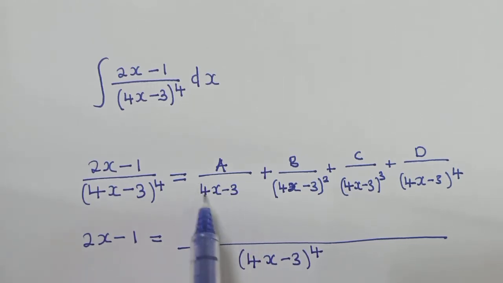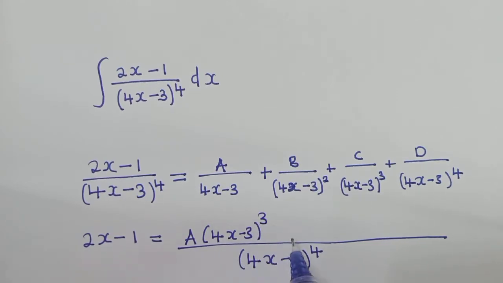Thereafter, you say this stuff into this. It's A times (4x minus 3) power 3, okay, plus here B, it will be (4x minus 3) power 2.